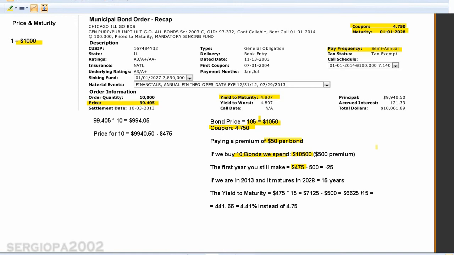But because you paid a premium of $500, the first year you actually make $475 that comes into your pocket minus the $500 that came out of your pocket. That actually leaves you with a negative $25. So you actually spent $25 for that investment, and you didn't receive really anything, because you spent it.